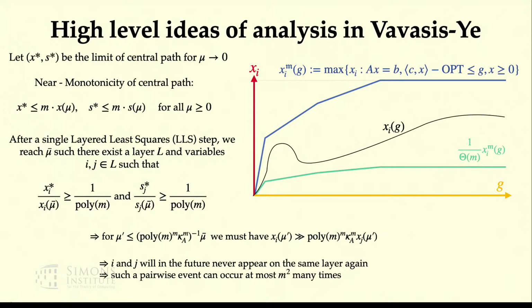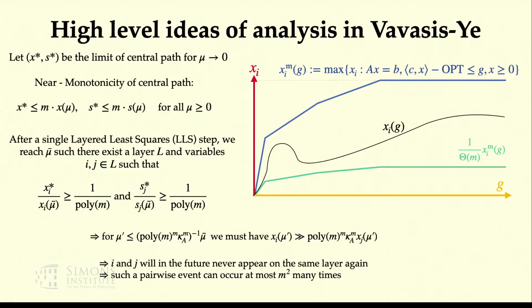And there's also a dual variable j, where the optimal solution is only a poly factor away from my current value. And because the product x times s is monotonically decreasing with mu, if you only decrease mu by this factor here, which is only exponential, which means in log world, which interior point methods live in, you can do that in poly time, you have that the value of xi is going to be much bigger than the value of xj, because again, sj has converged, so xj has to go down.